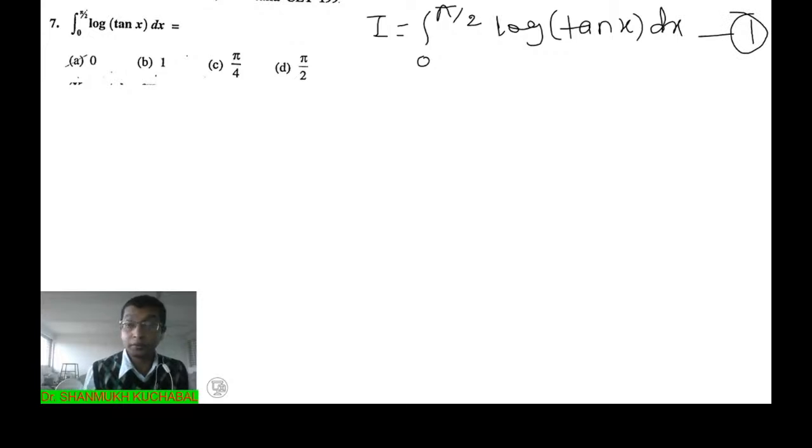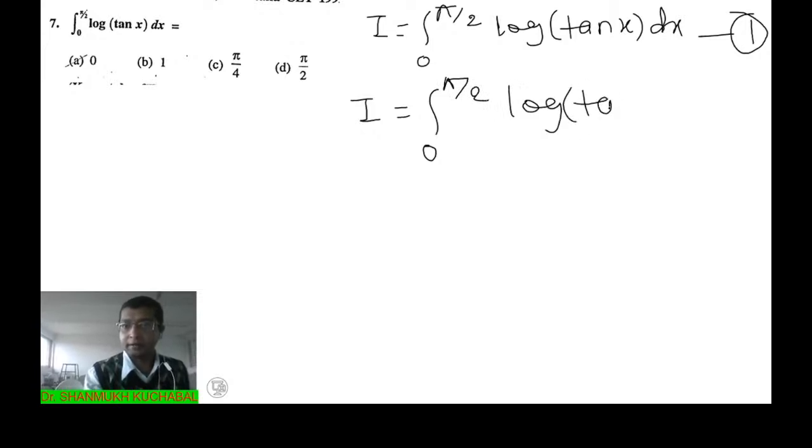We use the property of definite integration: I equals the integral with the same upper and lower limits of log of tan, where x is replaced by upper limit plus lower limit minus x, that is π/2 plus 0 minus x.